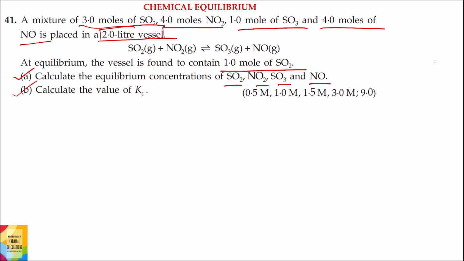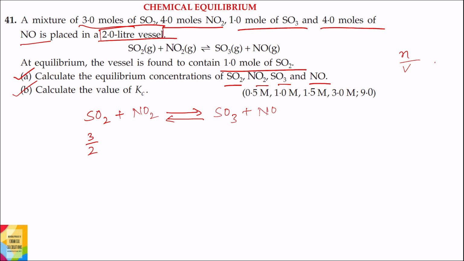So first of all, the initial concentrations. First of all, write the equation: SO2 plus NO2 forming SO3 plus NO, this reaction is at equilibrium. Now concentration in moles per liter will be moles divided by volume.